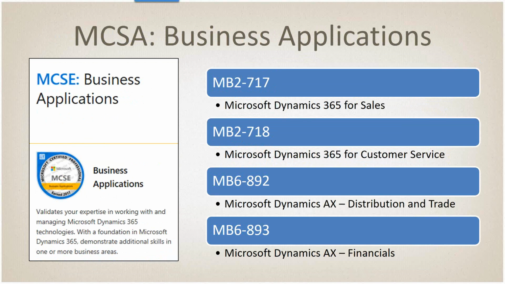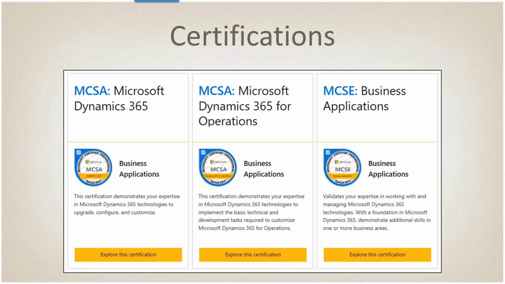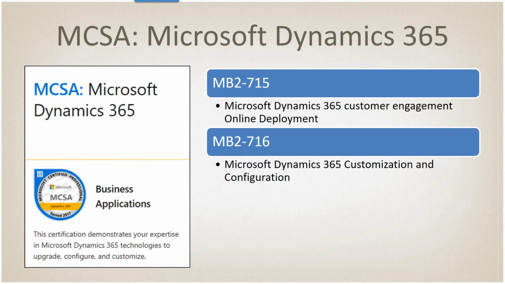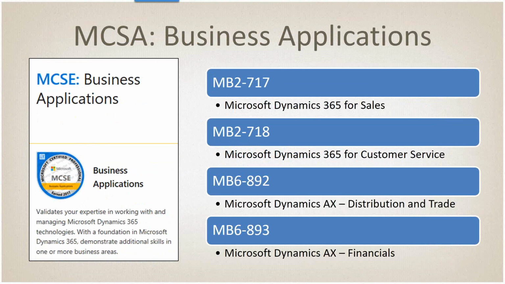Generally, you get the MCSAs first, and then you go into the MCSE. A lot of the tests actually apply. If I go to the last one here, we actually have different tests, which is quite fascinating. For business applications, they want you to have sales and customer service, which is from the Dynamics 365 CRM part, and then distribution, trade, and financials from the AX part.